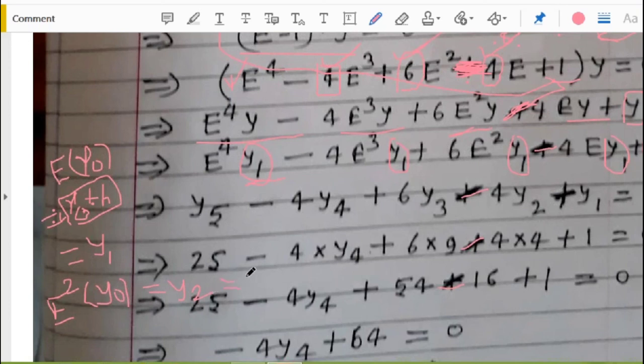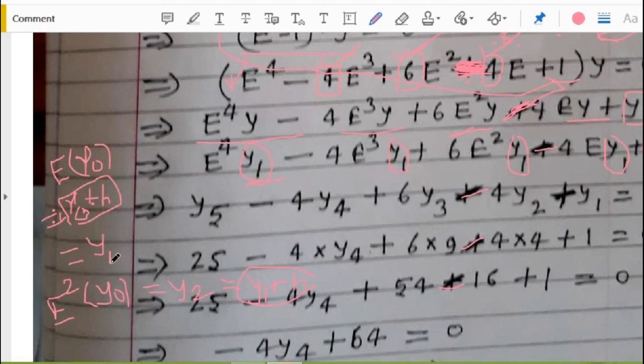Because this will be y1 plus h, we are talking about the equal space. So y1 plus h is the y2. I mean, how many times the shift operator? The first shift operator, second time shift operator, third time.